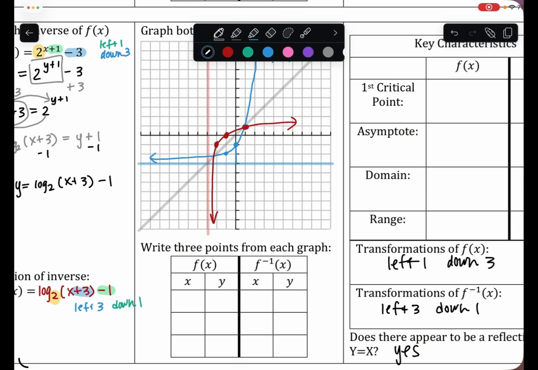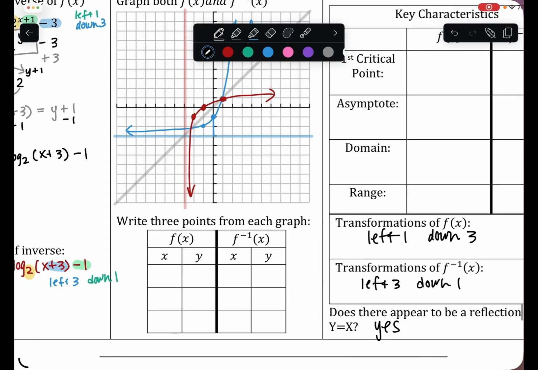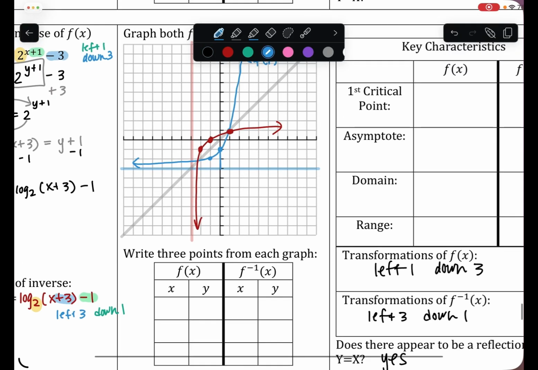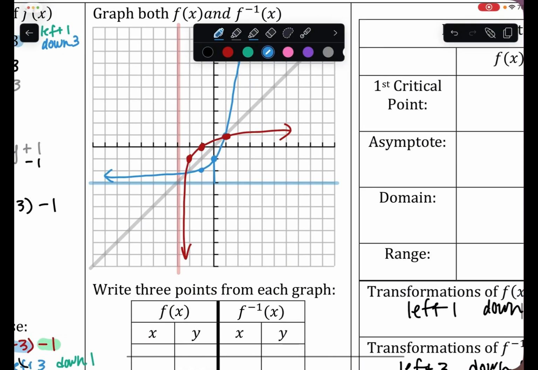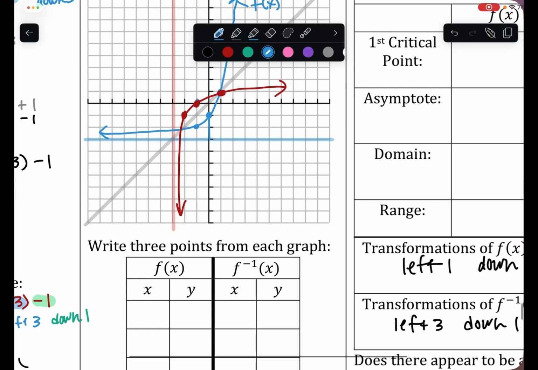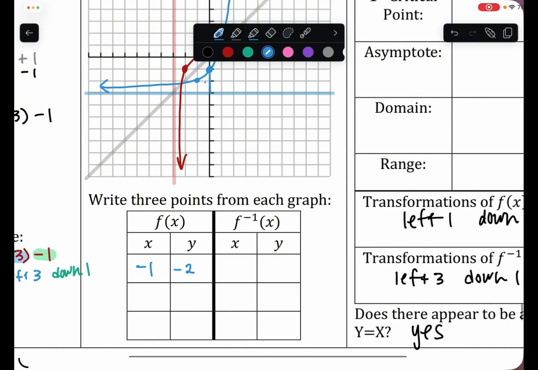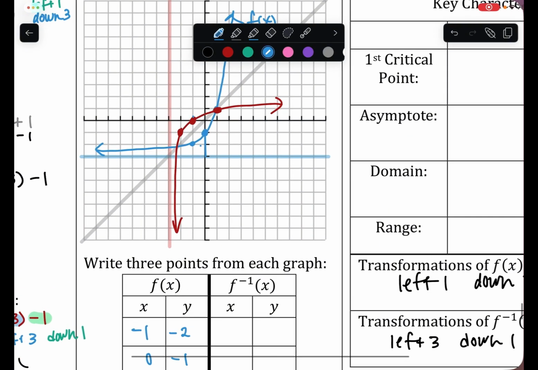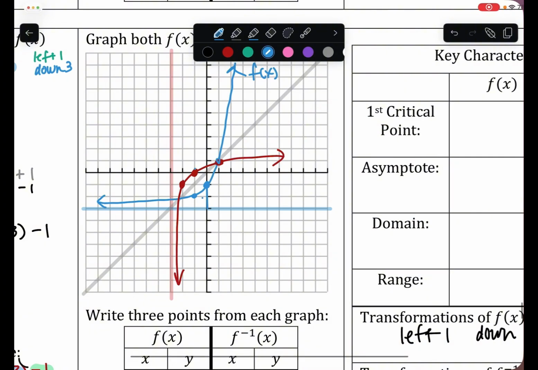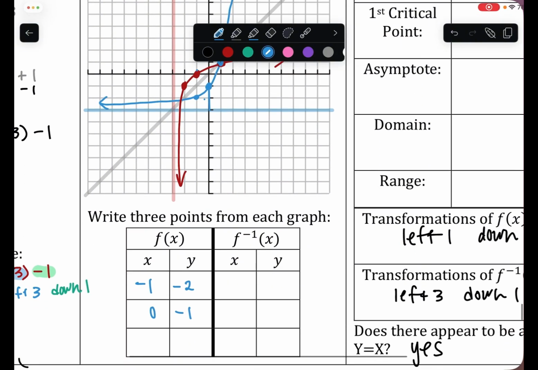And so for our critical points, or some significant points, starting with the blue exponential function, I have -1, -2. And then I have the point 0, -1. And then I have the point 1, 1.